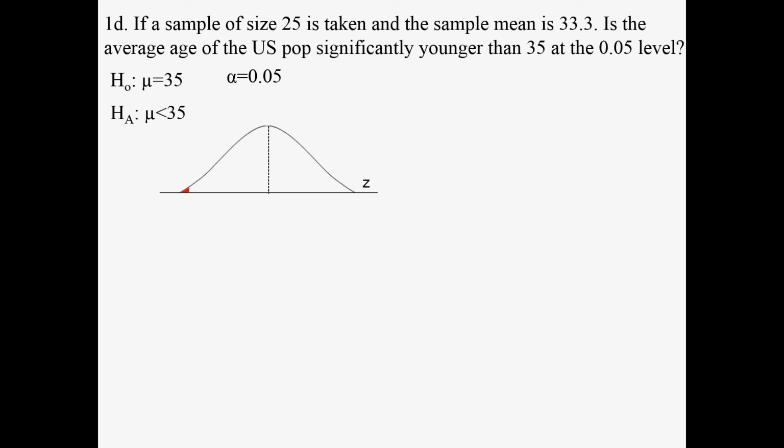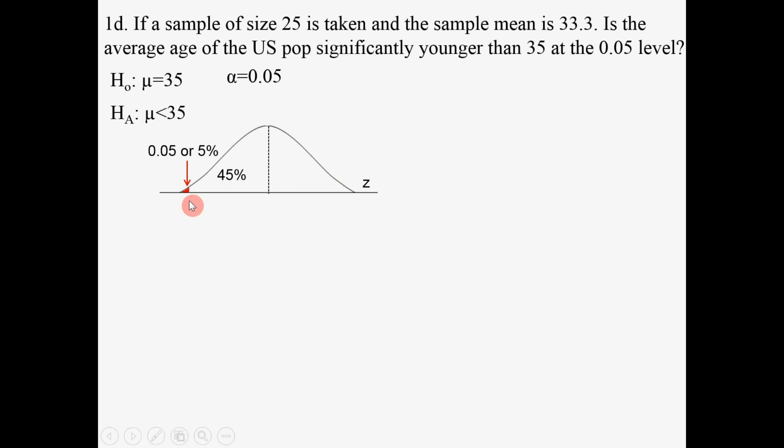Again, for this question, since we have a lower one-tail alternative hypothesis, we place all the 5% probability in the lower tail to increase the probability of rejecting the null hypothesis. So if we have 5% in the lower tail, we would have 45% from the mean up to the 5% lower tail.